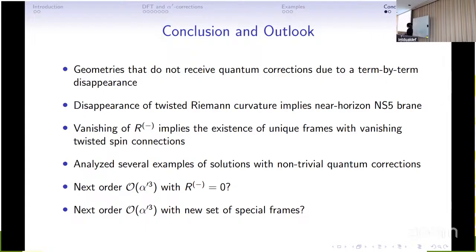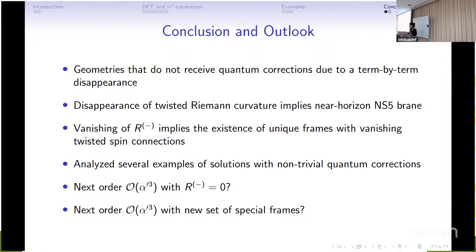So what could be the implications of having this R minus zero itself? What more is it going to help us look at, the terms that show up at this order, or even having this new set of special frames, which actually can be extendable to other sorts of group manifolds as well? Is it going to give us any nicer insights at next order?